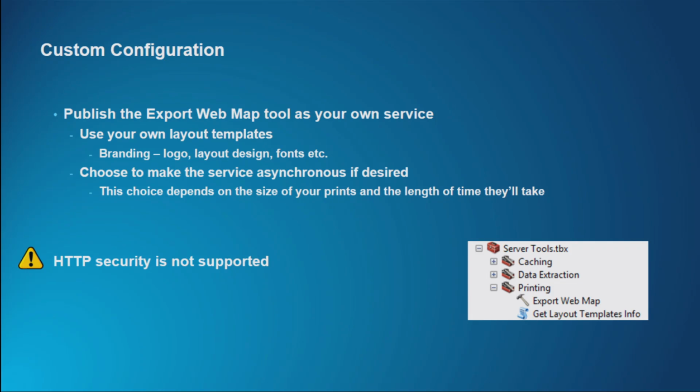And when you publish that, you can include your own layout templates. And when you do this, you can include your own branding, logos, layout design, any specific fonts you want to use. You can also choose whether or not to make that service asynchronous. I said earlier that really depends on the size of your prints and the length of time they'll take.